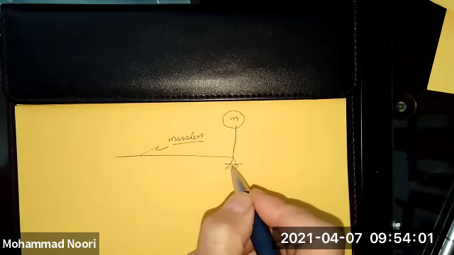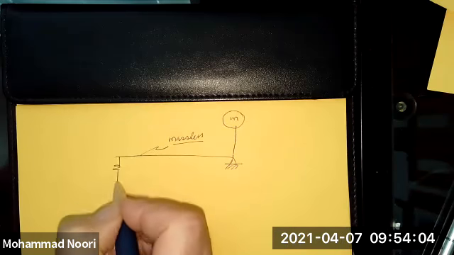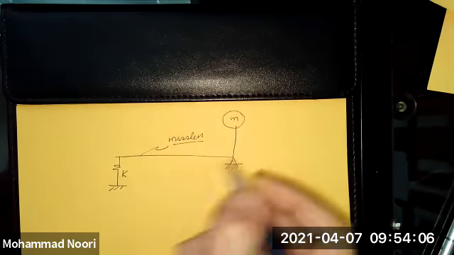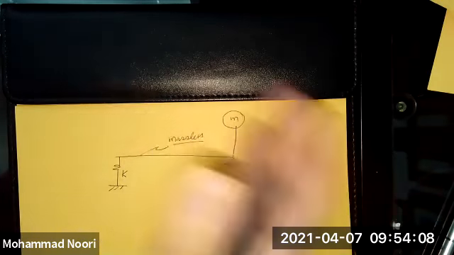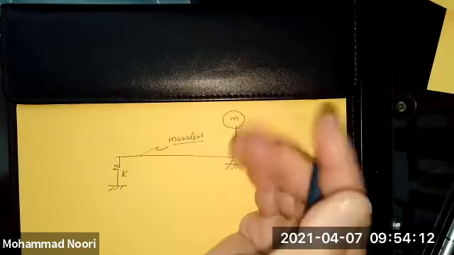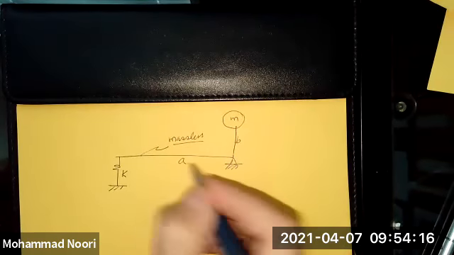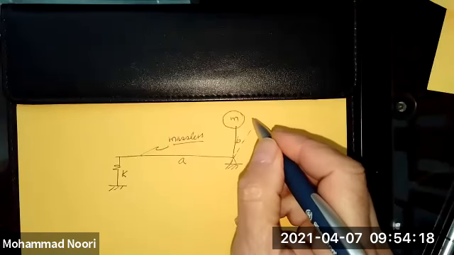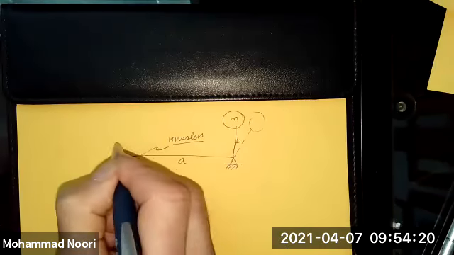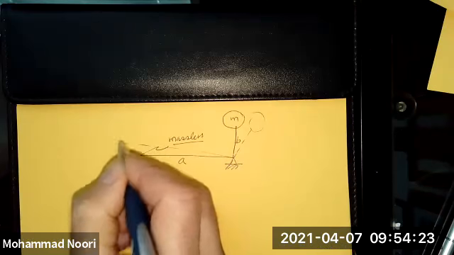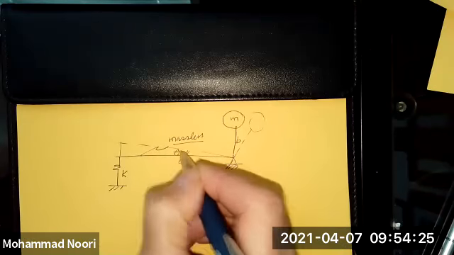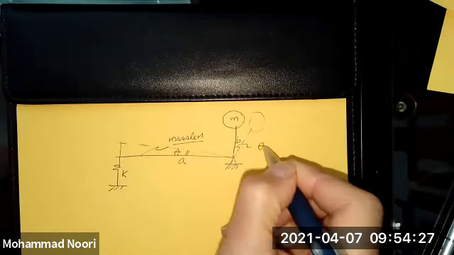This beam is supported by a pin here, and by a spring here. And this beam rotates like this. This height is b, this is a. So in other words, this system is rotating like this. This is the angle of rotation, theta.